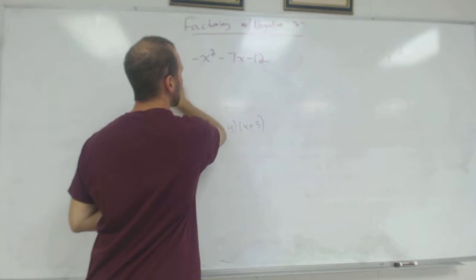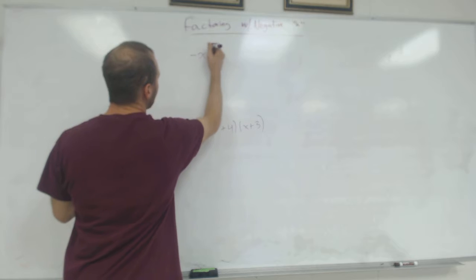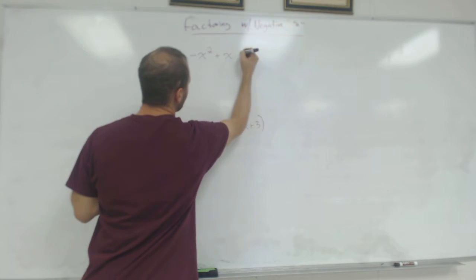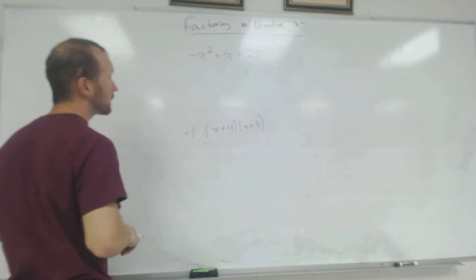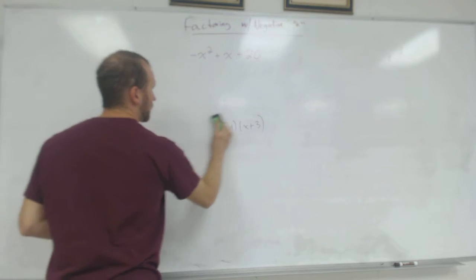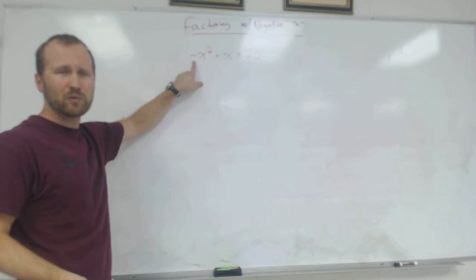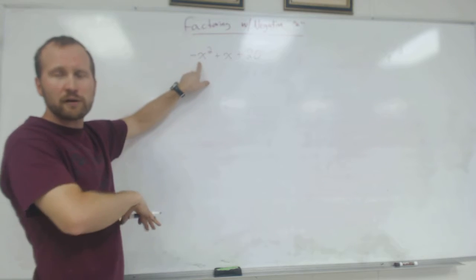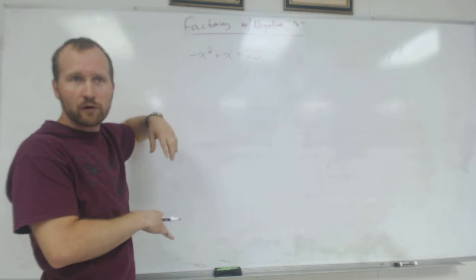So if I started with something like this, negative x squared plus x plus 20, even though I have a lot of positives, I'm still going to pull out a negative 1. Because this is negative, and this throws off all the factoring rules that you've learned. This negative here throws off all of those tricks.